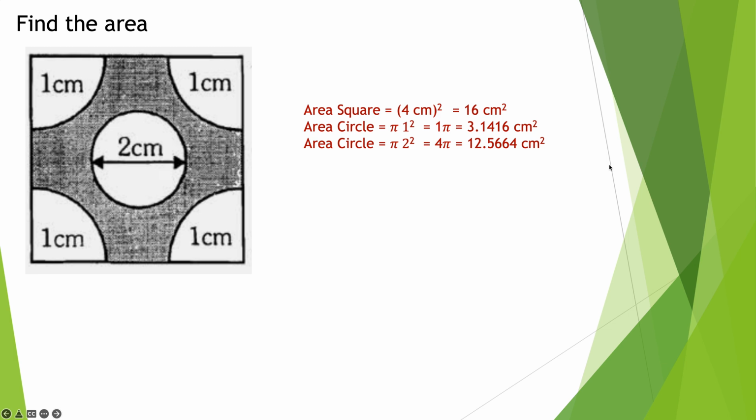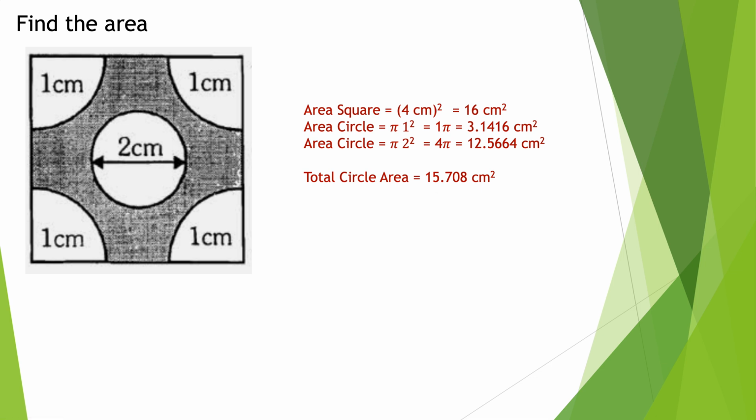That one is pi times 2 squared, which is 4 pi, right? Because 2 squared is 4. And if I substitute in 3.1416 for pi, I get 12.5664 centimeters squared. Now, the total circle area is these second and third lines added up. And when I add those, I get 15.708 square centimeters.